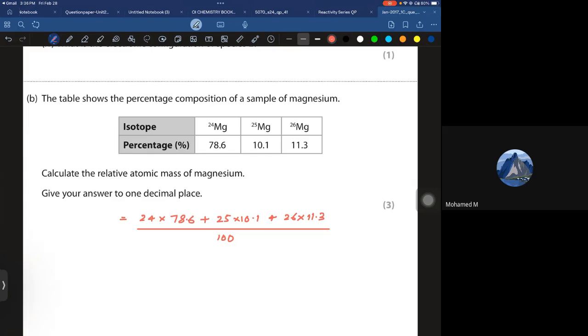What's the answer? Let me check. 24 times 78.6, then add 10.1 times 25.